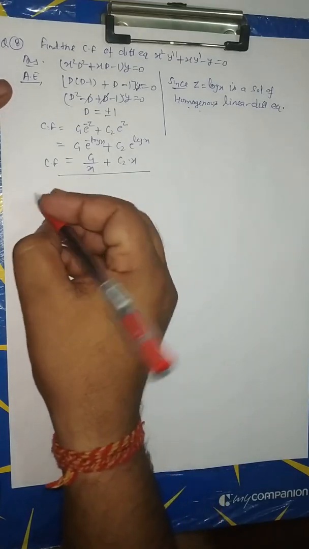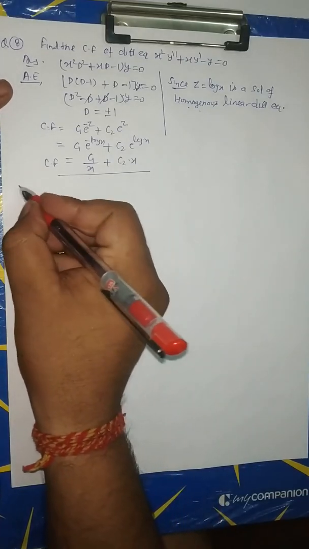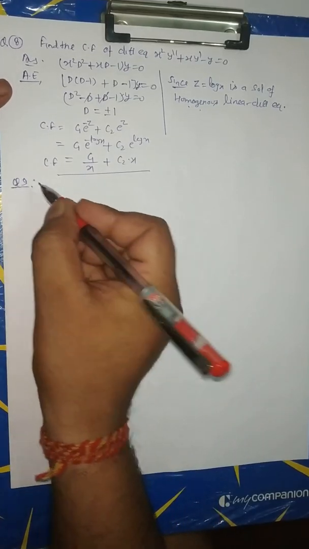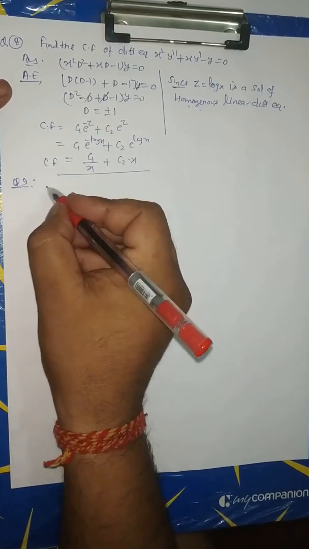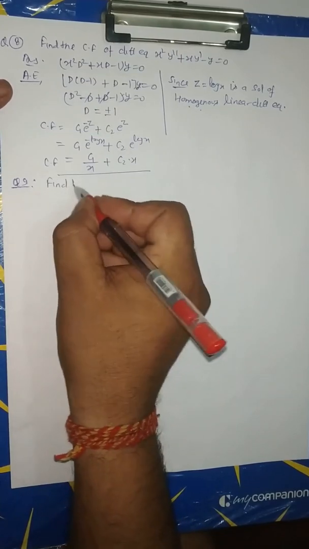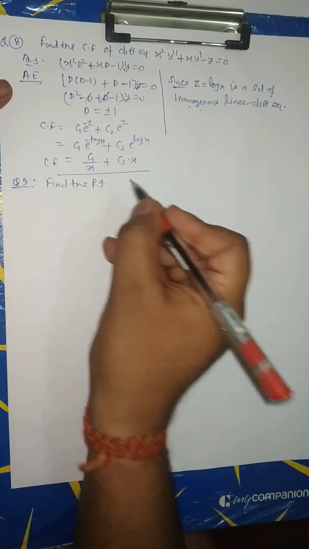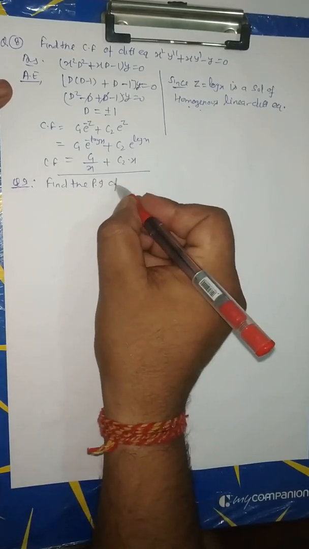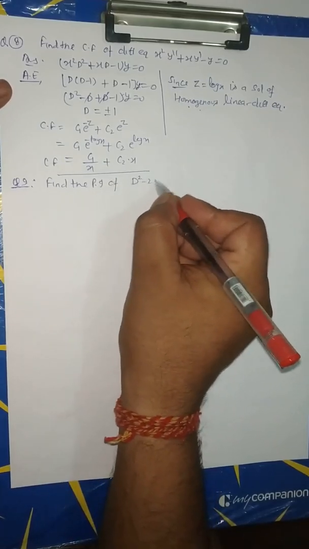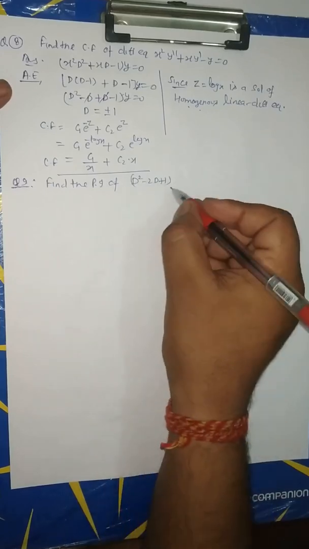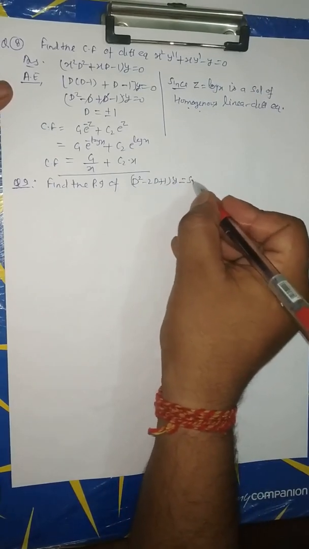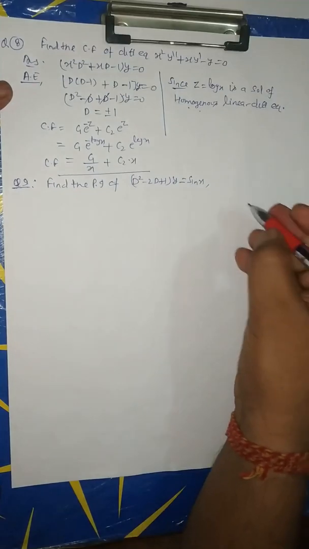Now next question, question number 9. Find the PI of (D square minus 2D plus 1) y equals sin x.